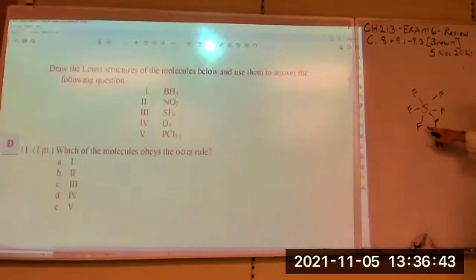So we have 1, 2, 3, 4, 5, 6 times 7 is 42, and sulfur is 6, 48. So if we put 6 around each one of these, that means 1, 2, 3, 4, 5, 6, 6 times 8 is 48. They're all used up, but we've got 2, 4, 6, 8, 10, 12 around sulfur. So that exceeds the octet.